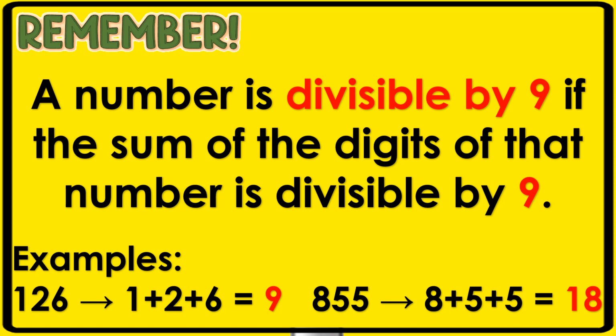Examples: 126. 1 plus 2 plus 6 equals 9. 9 is divisible by 9, so 126 is divisible by 9. 855. 8 plus 5 plus 5 equals 18. 18 is divisible by 9, so 855 is divisible by 9.